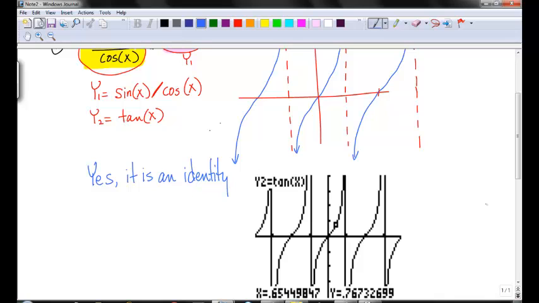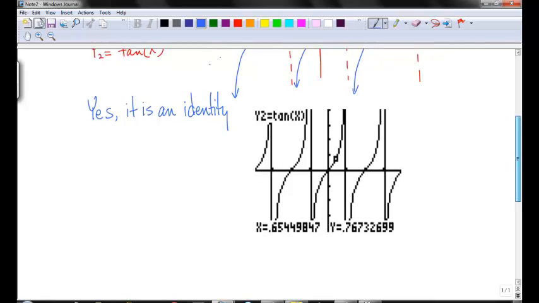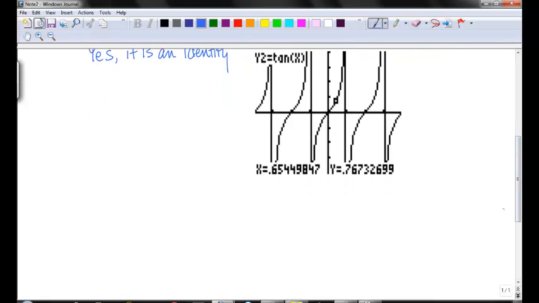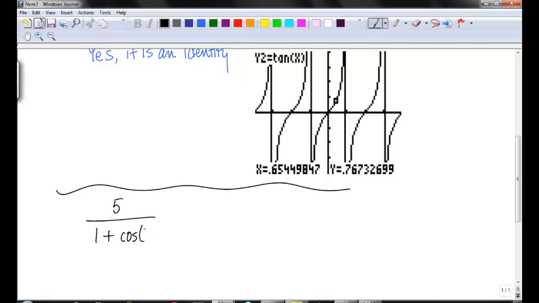A couple of things when you're putting in equations. There will be times where you have something like 5 over 1 plus cosine of x.